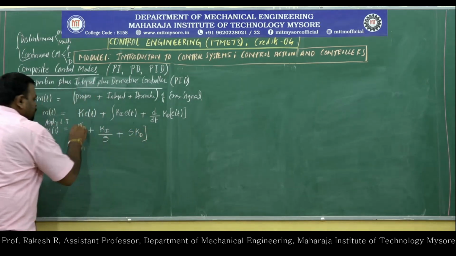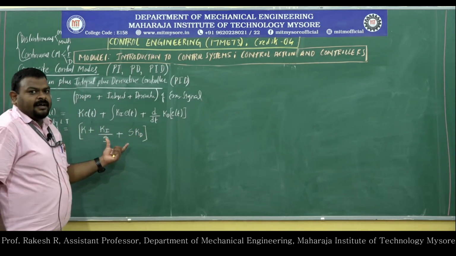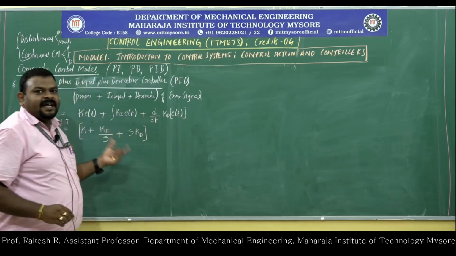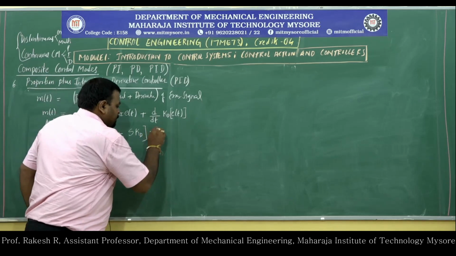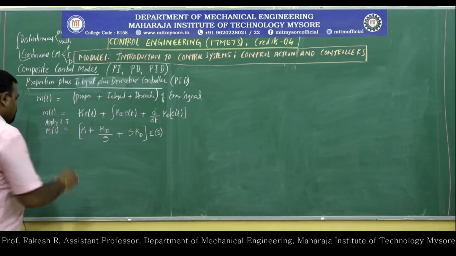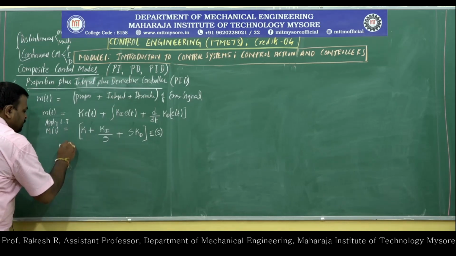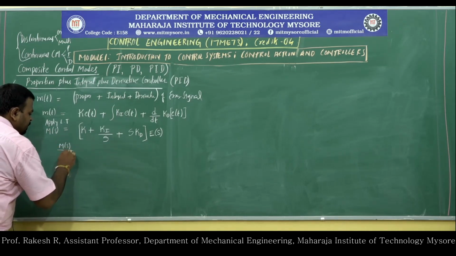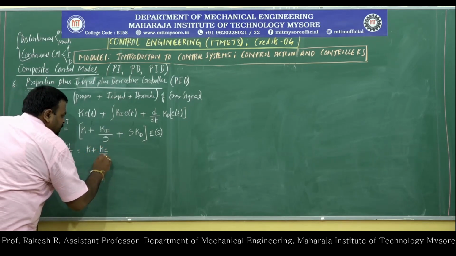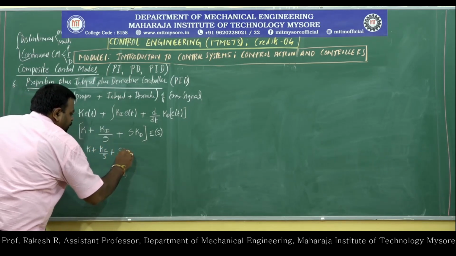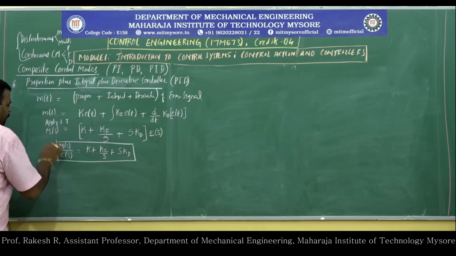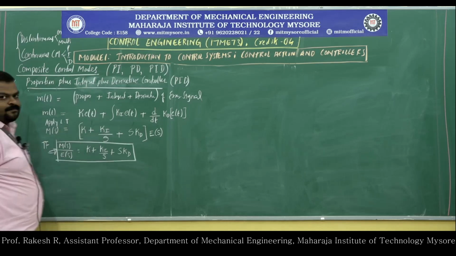So, this is the gain for the PID controller into e of s. Again, the mathematical model for this: output will be m of s, input will be e of s, this will be equal to Kp plus Ki by s plus s into Kd. So, this is the transfer function or mathematical model for the PID controller.